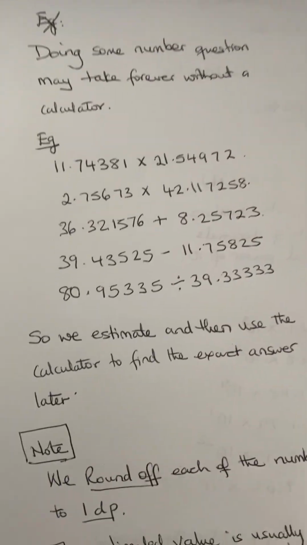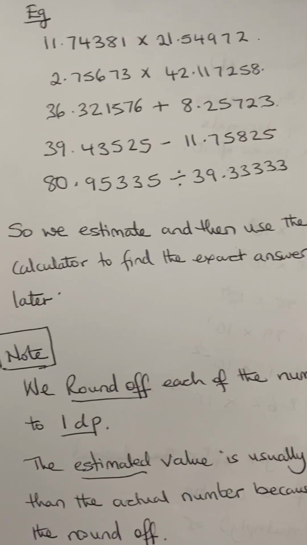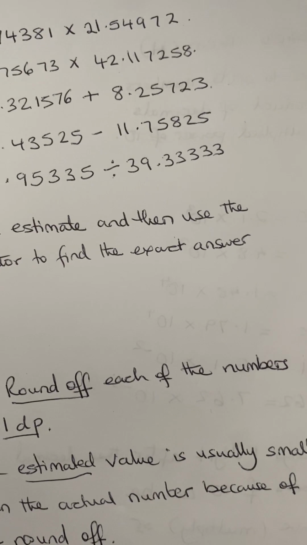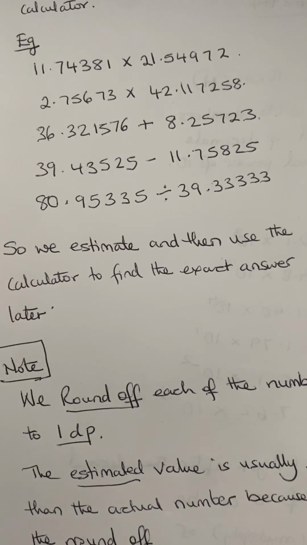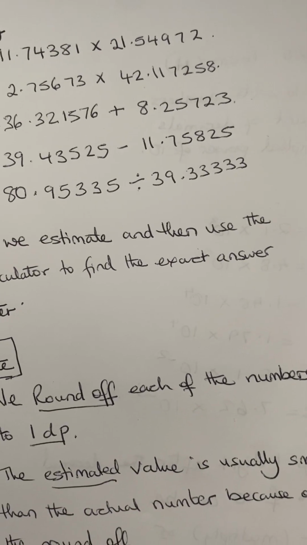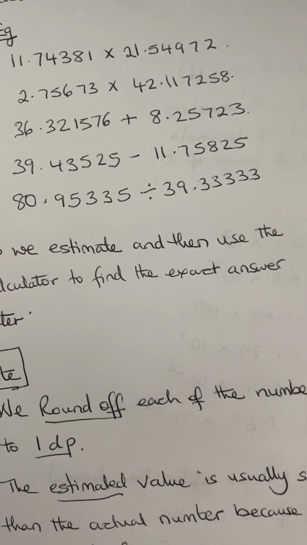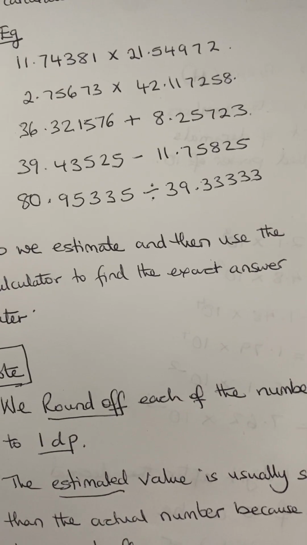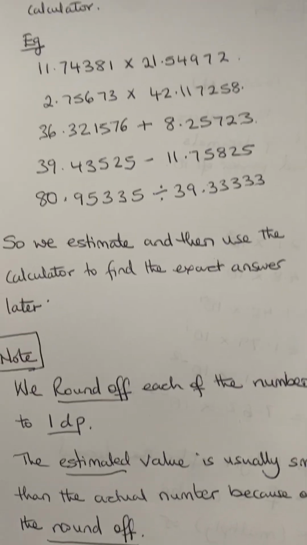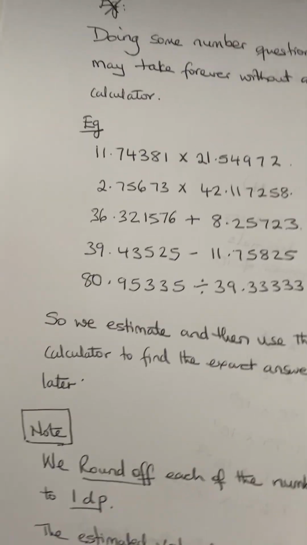So you are rounding off, so your answer might be a little bit smaller, or a little bit above. But at the end of the day, it helps you know that you are in the region of the value that you want. So that is what I'm just trying to show you here.